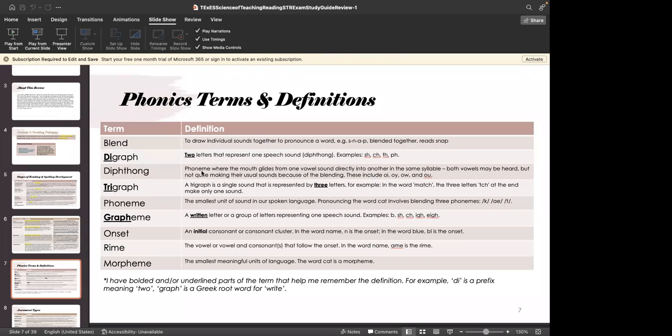So a diphthong is a phoneme where the mouth glides from one vowel directly into another in the same syllable. Both vowels may be heard, but not quite making their usual sounds because of blending. These include oi, ow.